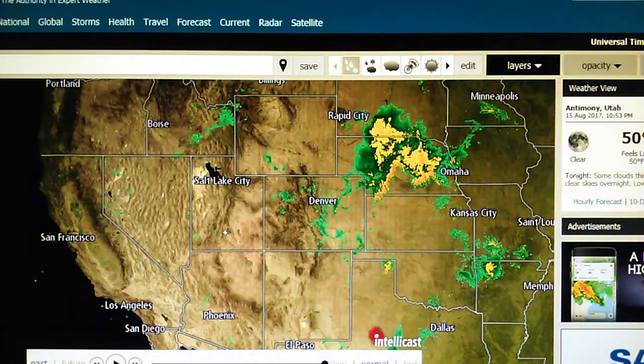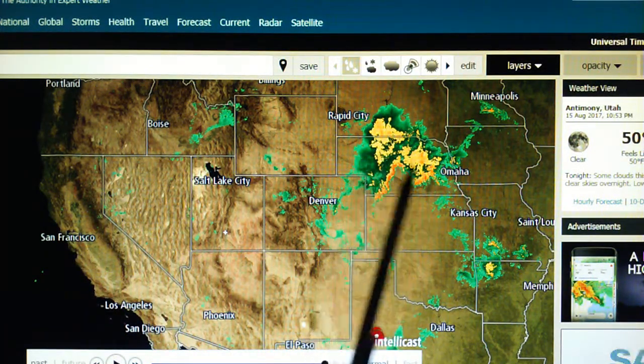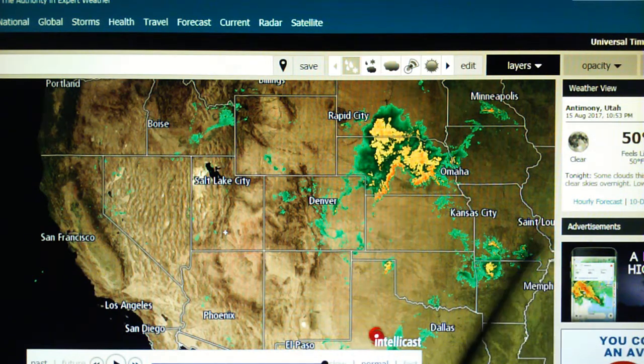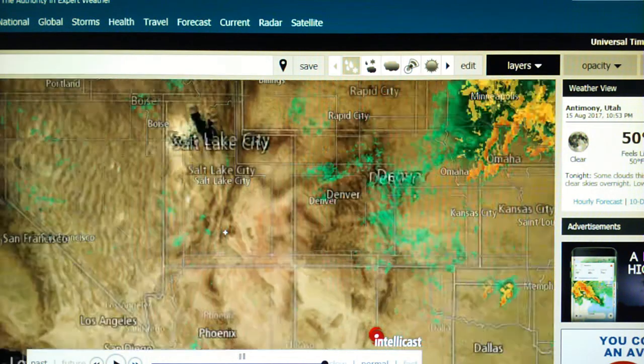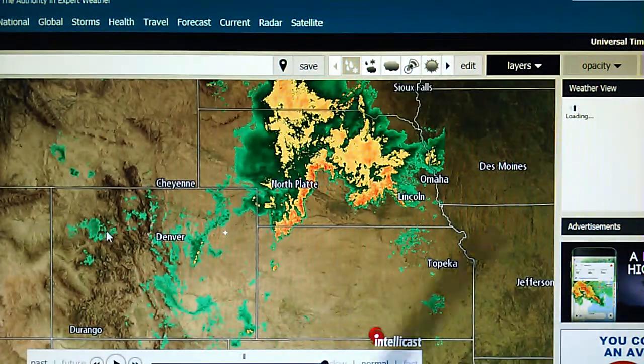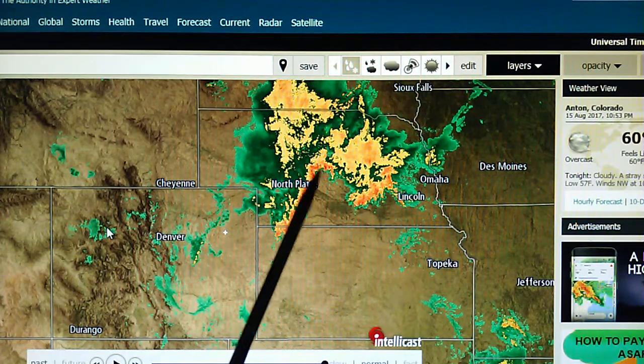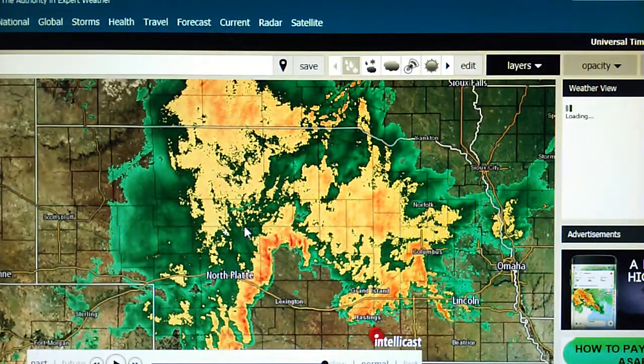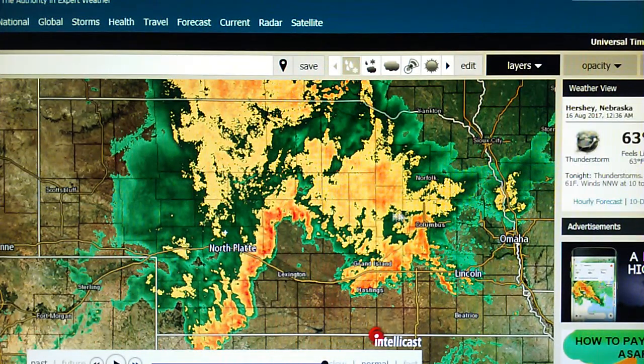Let's look at the Doppler map. We can see what's happening here. All this rain is now dumping in Nebraska right up here. A lot of severe heavy rain up here, and also in Colorado. If we zoom in, it looks like there might be a sort of a right angle right here. Doesn't look like any of these NexRad transmitters are doing their work.